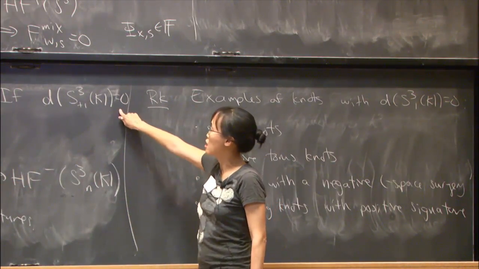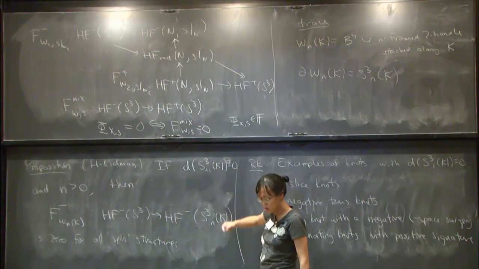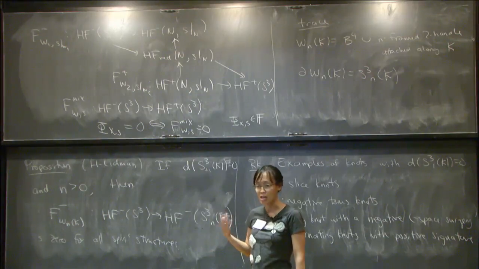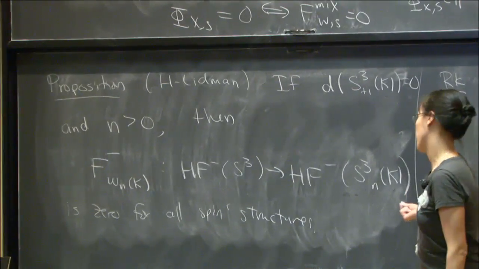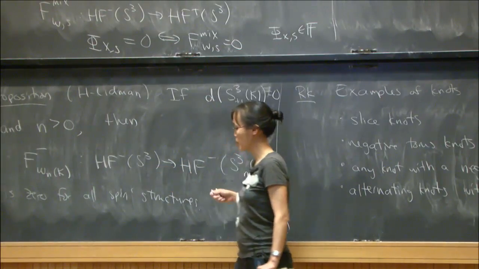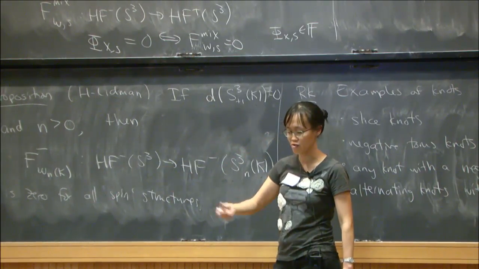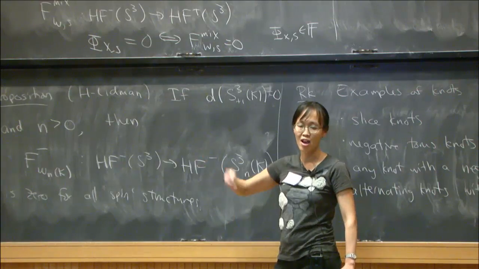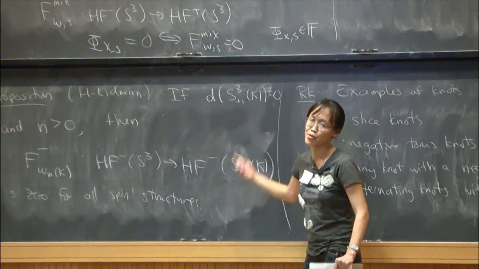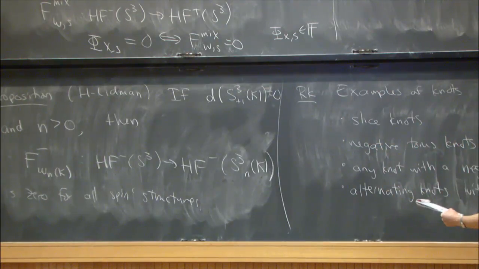And the fact that d of +1 surgery is 0 tells you that certain maps in the mapping cone are going to be surjective. Then this cobordism map is determined by the inclusion of some subcomplex into the mapping cone, and if the map is surjective onto the thing you're including, then the map is going to be 0 when you take the homology of the mapping cone.